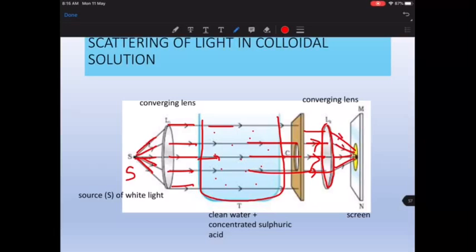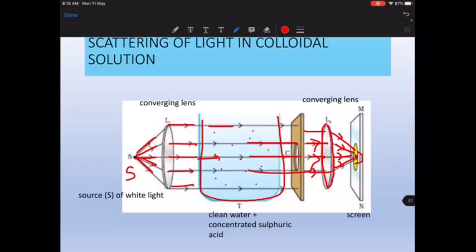So what type of color will you see on the screen? You will see red plus a slight amount of yellow. So in the center you will see a crimson red color, not a very pure red color, but crimson red, and around the crimson red you are going to see yellow light also, correct?